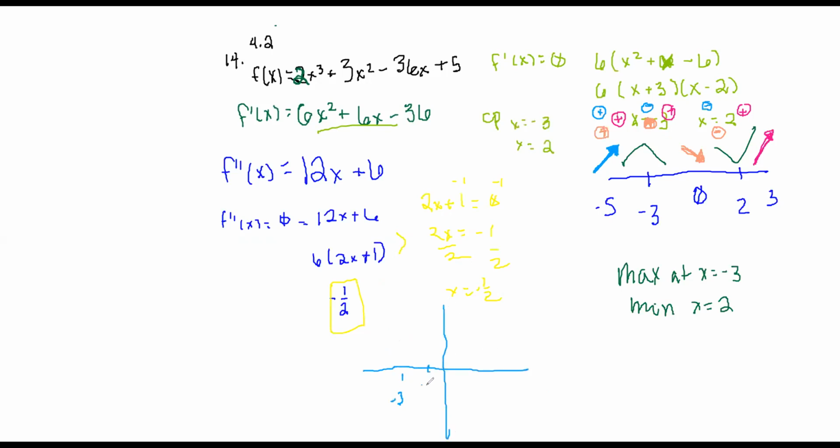So if this is -1/2, this is where the inflection point is. And this is 2, where the min is. So we have max, inflection point, min. And we can tell the inflection point is, this is kind of poorly drawn, where it transitions from concave down to concave up.